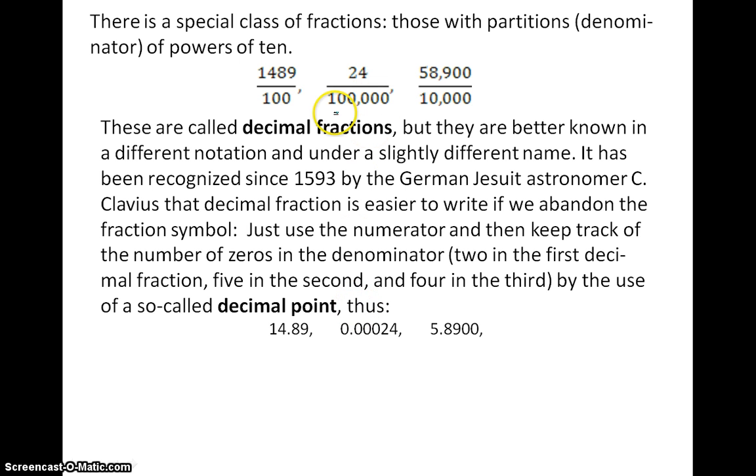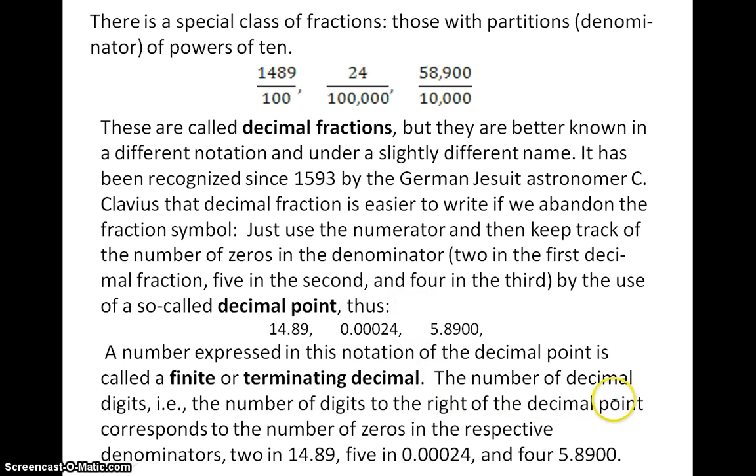There are 5 zeros in 2400 thousandths, so let's just drop that and write this as 2.400 thousandths. And the same thing here, we have 4 zeros, so we put the decimal point 4 places into the number and make it 5 and 89 10,000ths. So that's where the decimal point comes from, it's just a dropping of the fraction bar.